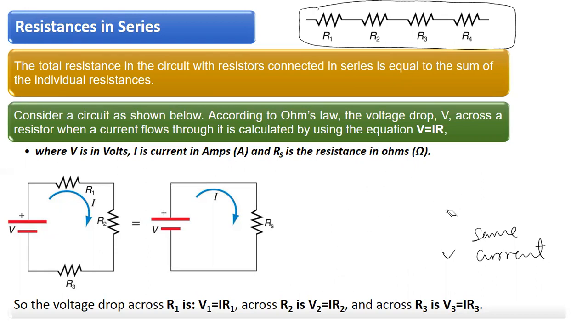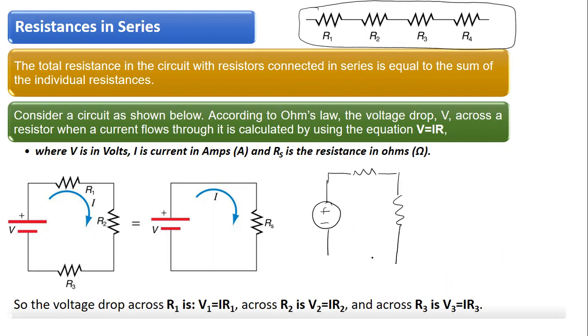For example, if you have a circuit like this, you have a voltage source, you have a resistance here, you have a resistance here, you have one more resistance, and then you have a resistance, and then you have a resistance here like this. So this is one network. Just to understand the concept, this is, let us say, VDC, and this is, let us say, R1 and R2 and R3 and R4 and R5.